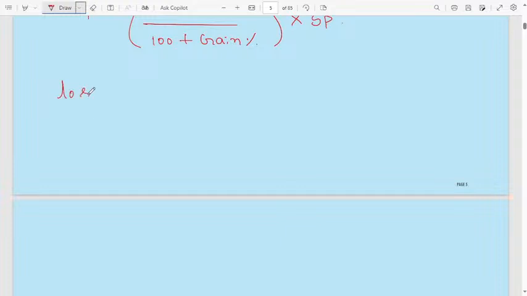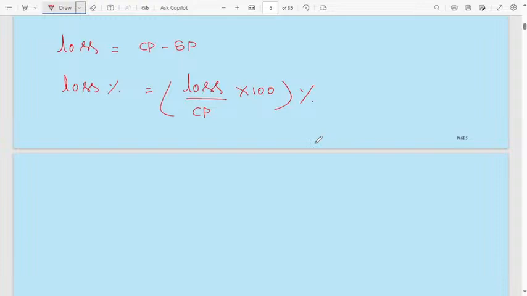Loss is nothing but cost price minus selling price. Then loss percentage is loss divided by CP into 100, so that it will be in percentage format. Then selling price is 100 minus loss percentage divided by 100 into cost price.